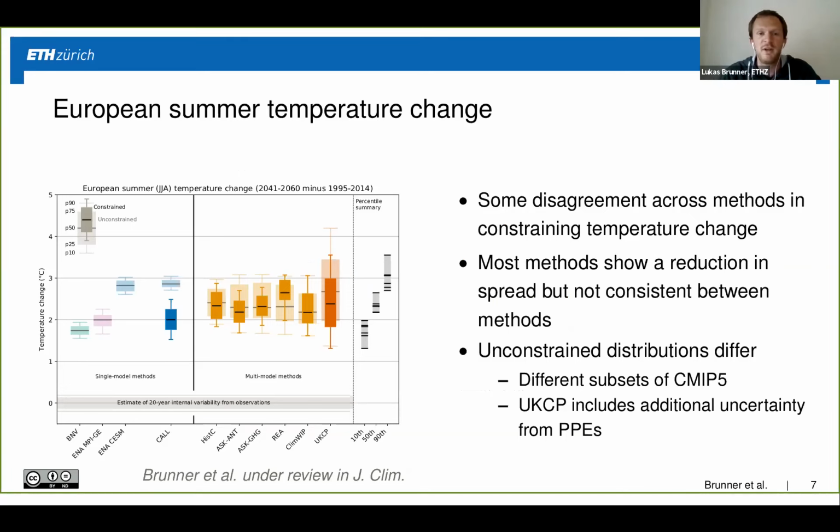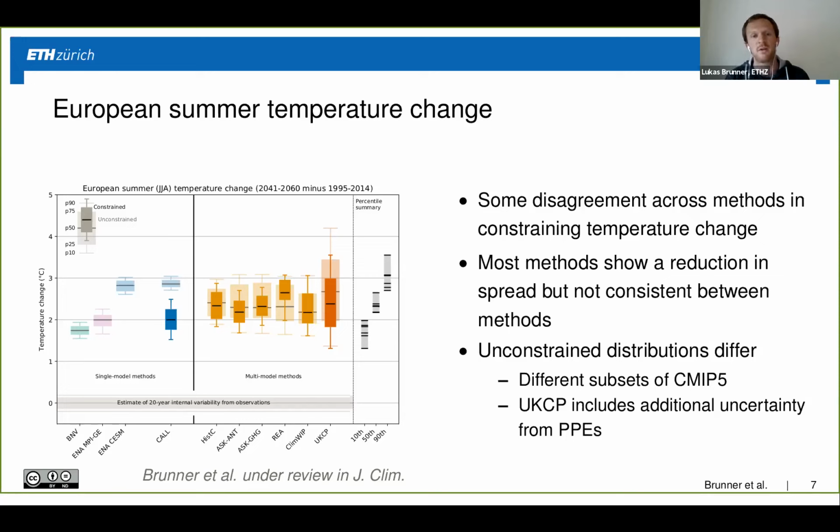If we focus on these, we see, and I should say this is on the largest domain, so all of Europe, and summer temperature change, that there is quite some disagreement across the methods. To get into a little bit of detail, the REA method shows a shift upward from the unconstrained distribution and also a narrowing of uncertainty.